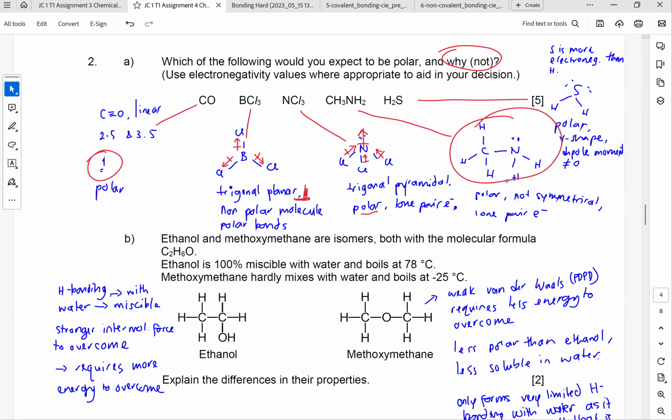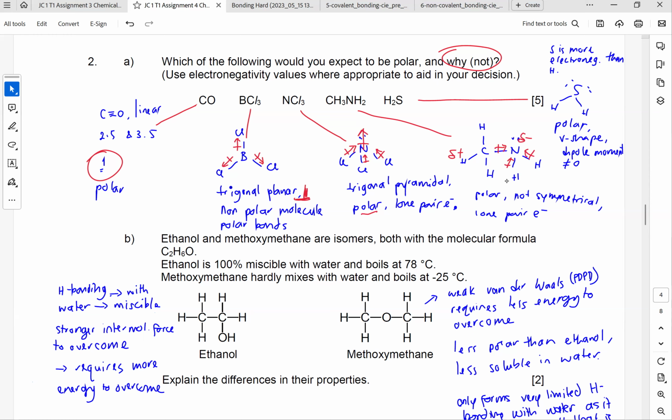So this is the structure, and it is polar because N is the more electronegative atom. So the dipole moment is pointing to N more than anywhere else. So this N will be your delta minus, and on this side, it'll be delta plus.